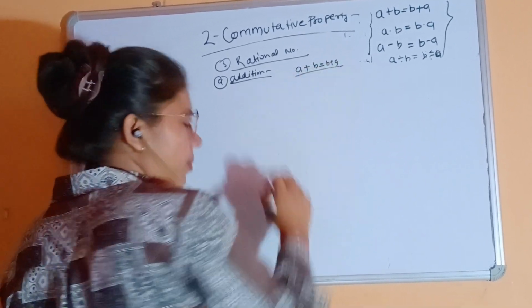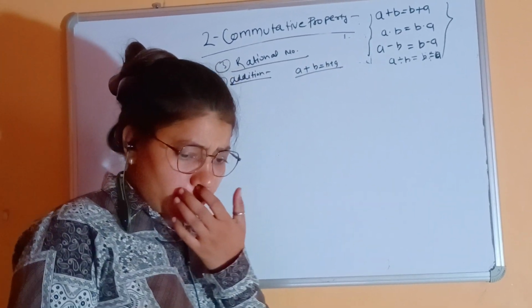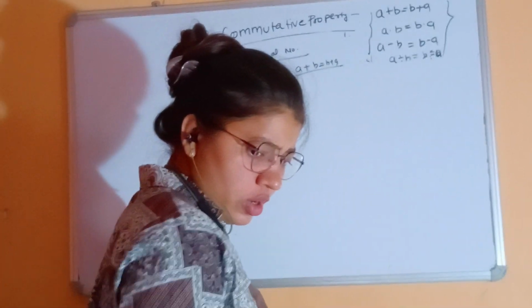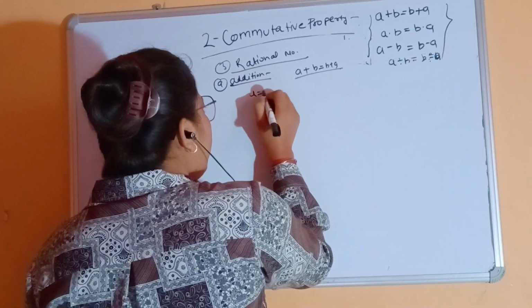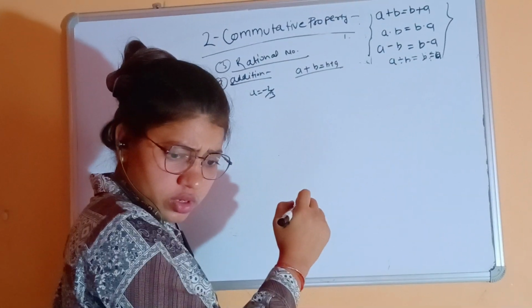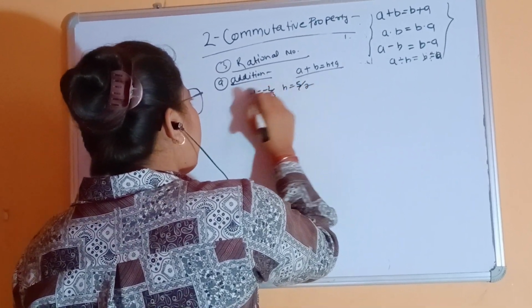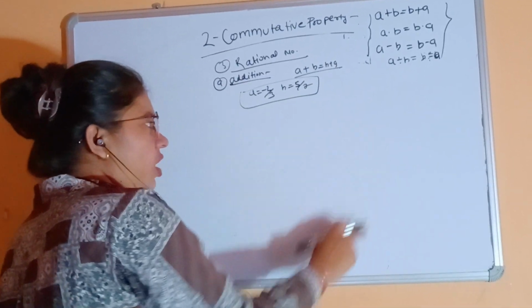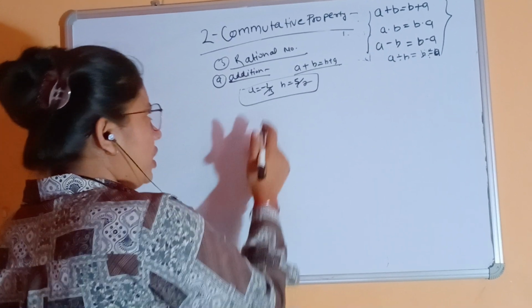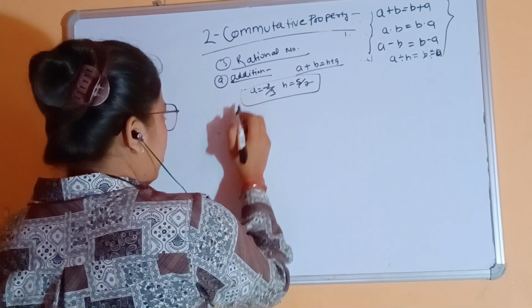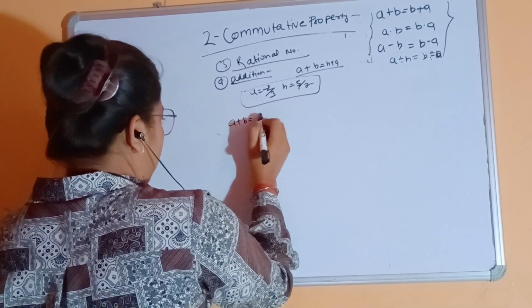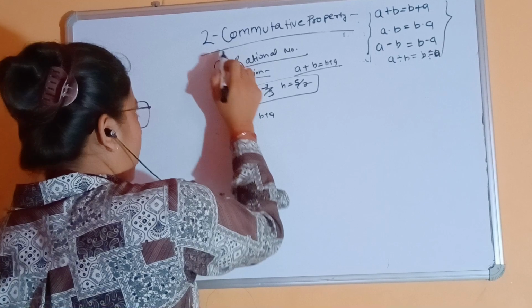In your book, take the example a is equal to minus 2 by 3 and b is equal to 5 by 7. From these examples I will solve all the operations, so you can easily understand one by one. So a plus b and b plus a in the commutative property.